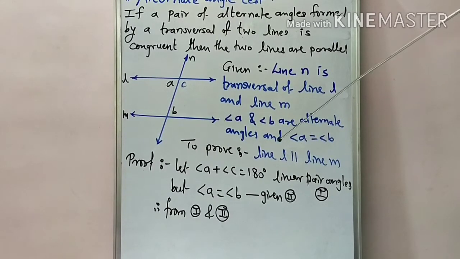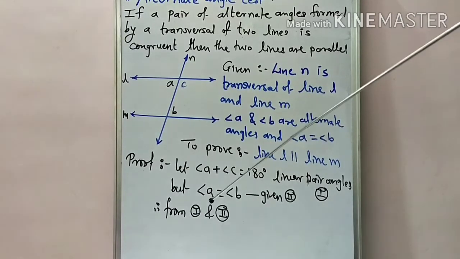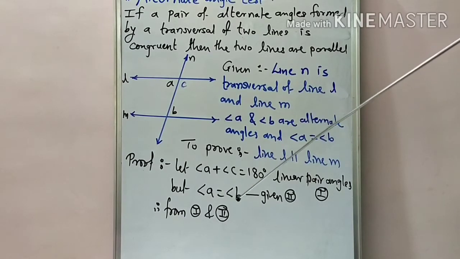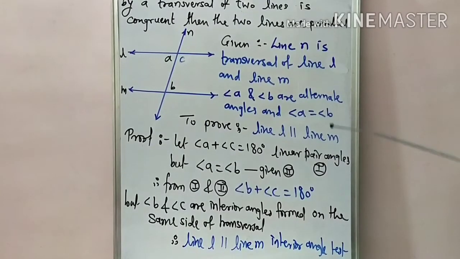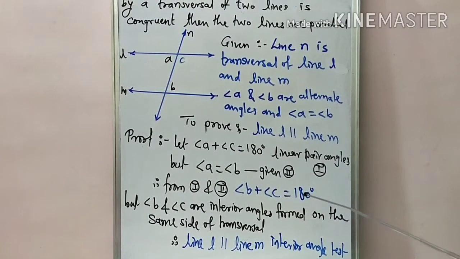But as we know, it is given that angle A and angle B are what? Congruent. So we write angle A equal to angle B, meaning we replace angle A with angle B. So from 1 and 2 we get angle B plus angle C equal to 180 degrees.